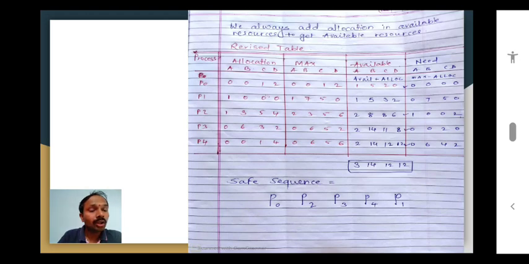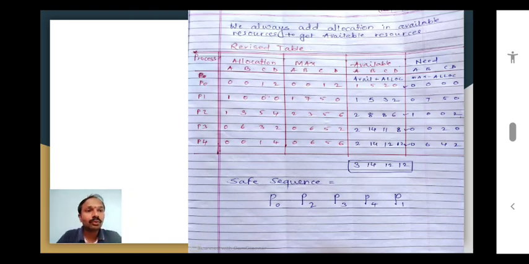So I cannot give the chance to P1 here in the safe sequence because available with me was 1520 and need was more than available resources. So here we need to compare every single resource. So this need cannot be fulfilled.